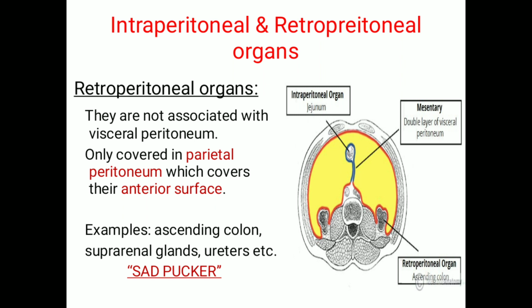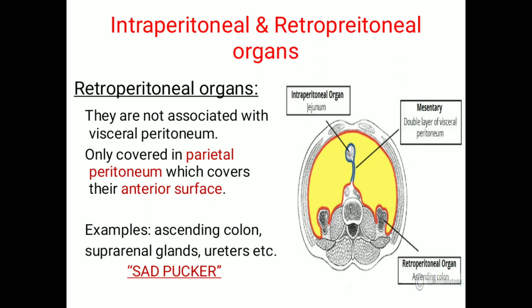The anterior part of the ascending colon is covered by the parietal peritoneum. So the ascending colon is known as a retroperitoneal organ. There are many other organs of the abdominal viscera that are retroperitoneal organs.